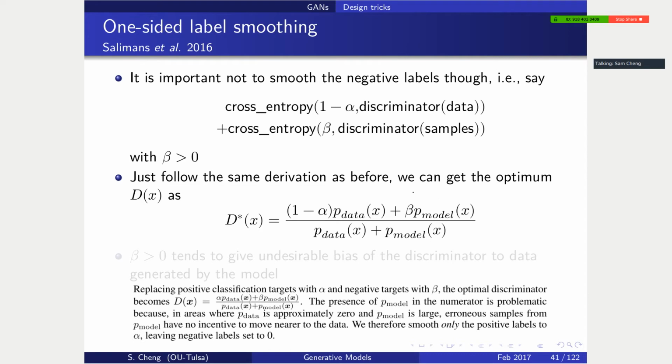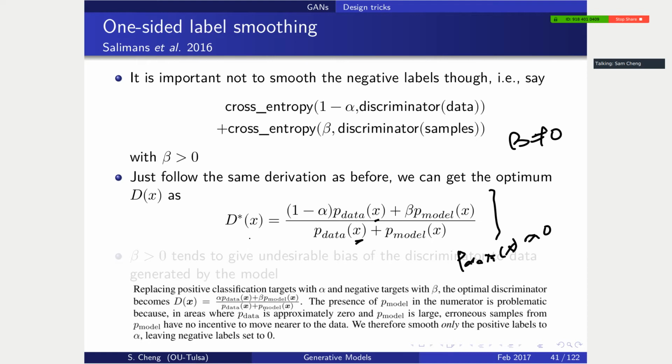But we also mentioned that beta being non-zero is not good, because if beta is non-zero, then for an x that does not happen often in the data, that means if p_data(x) is small, close to 0, then D star(x) is going to be big, right?